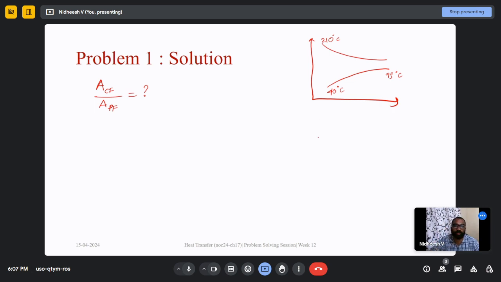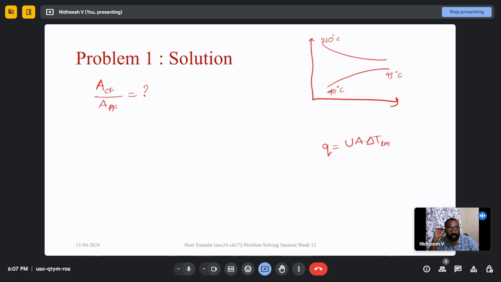We know that the heat transfer rate for heat exchangers, either parallel flow or counterflow, can be given by the product of the overall heat transfer coefficient, multiplied by the area, multiplied by the log mean temperature difference, delta T LM.